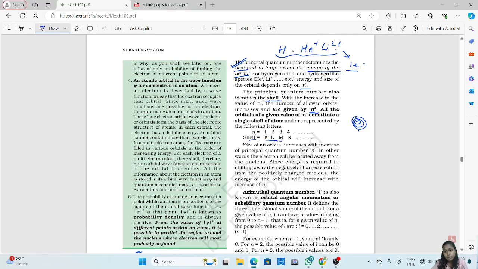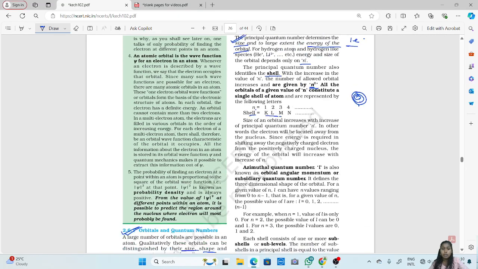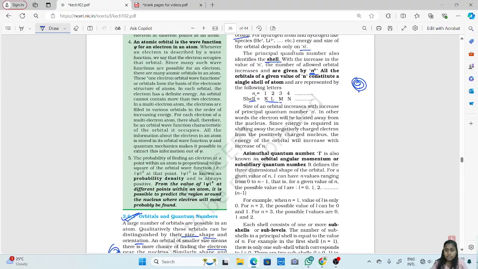The size of an orbital increases with increase of principal quantum number. In other words, the electrons will be located away from the nucleus. So, as you go on adding the orbitals, the size will go on increasing, right?